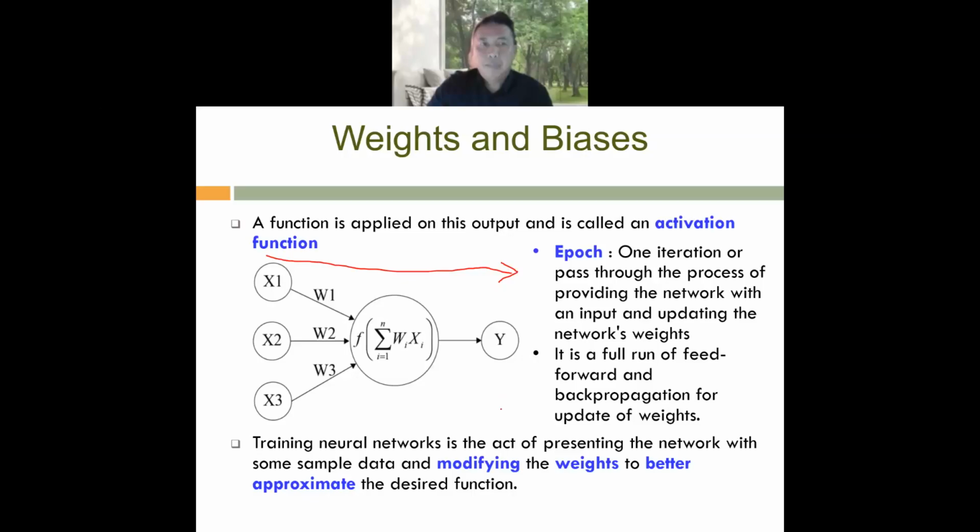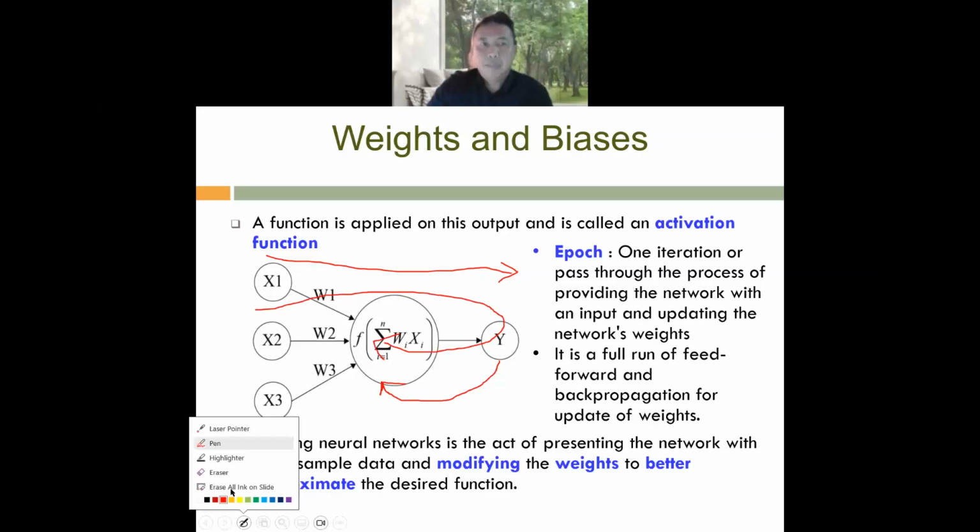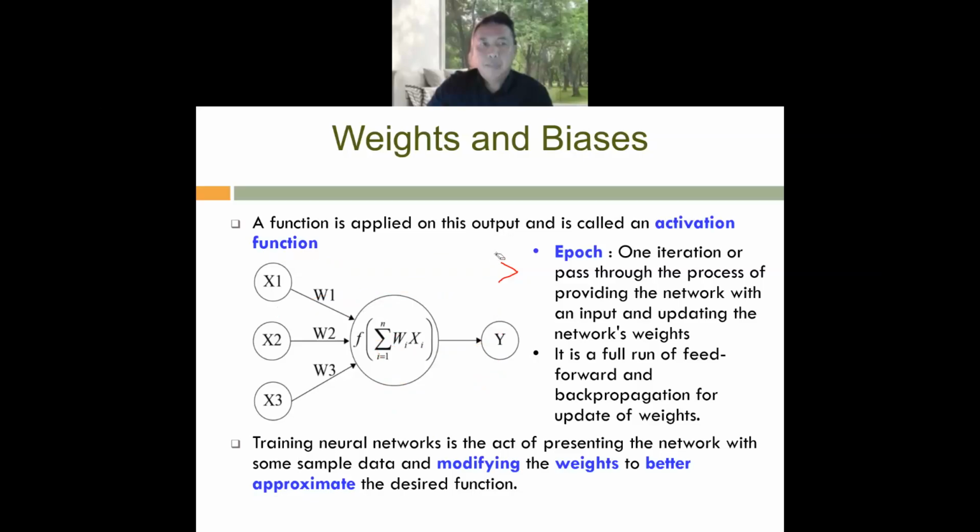But if you have a back propagation neural network, in which the error is passed back, that means one epoch is going forward and going back. So what happens during the training? Actually, in the training session, we are trying to estimate the weight for each of the input so that given the input that we have, it will match the given output that we have.